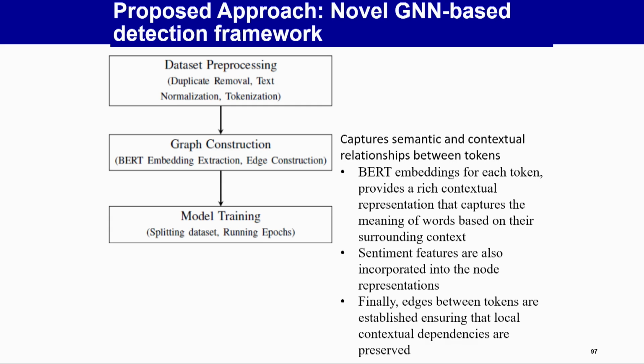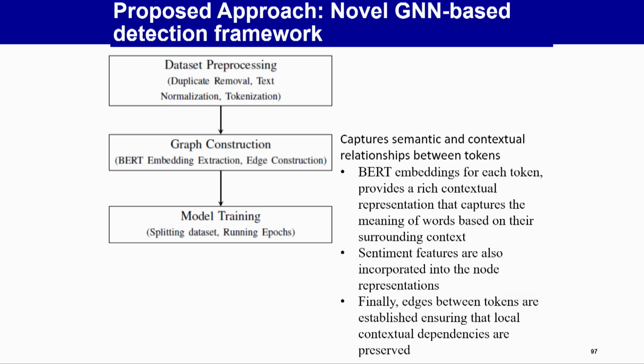Finally, edges between the nodes or tokens are established, ensuring that local contextual dependencies are preserved. Again, we are not going into detail, but for each step there is a process. In summary, the whole prompt is made into tokens, a graph is made out of it, and within each node we capture contextual relationships.